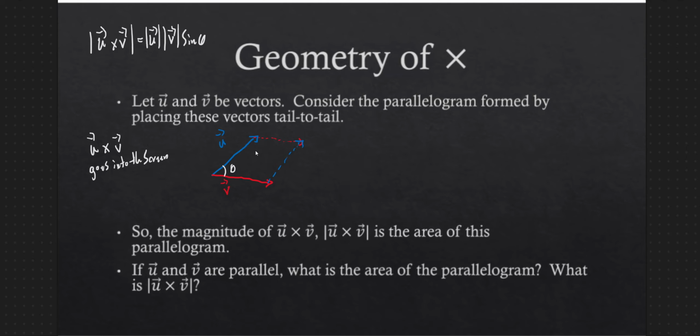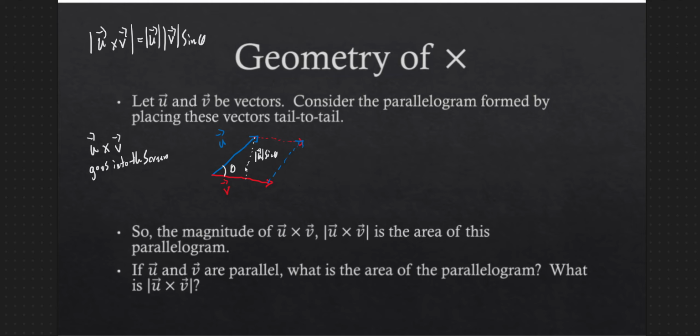Here's my angle between them. This parallelogram that's formed has a height to it. If I drop a perpendicular from u to v, a projection, it has this height. What's that height? That height is magnitude u times sine theta.